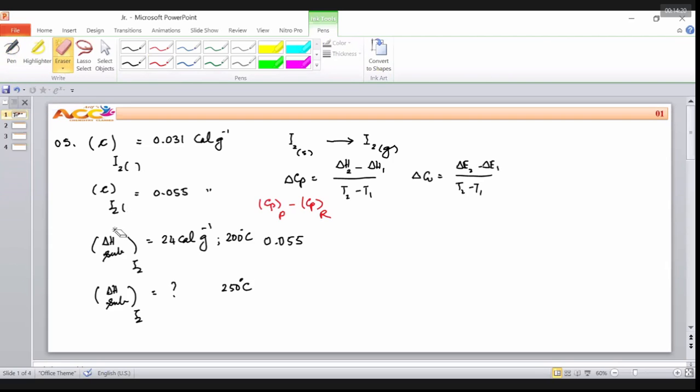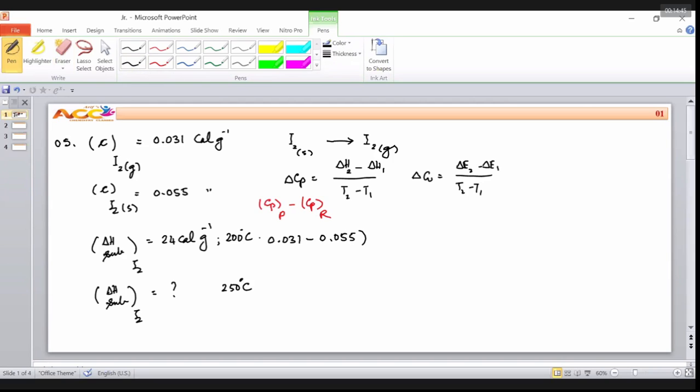He says specific heat of iodine vapor is 0.031. Okay, I'll take this one here. And this is solid. Now, what is that vapor state? Final state is vapor state. Therefore, what is final? Final is supposed to be 0.031 minus Cp of reactant. Reactant is solid.